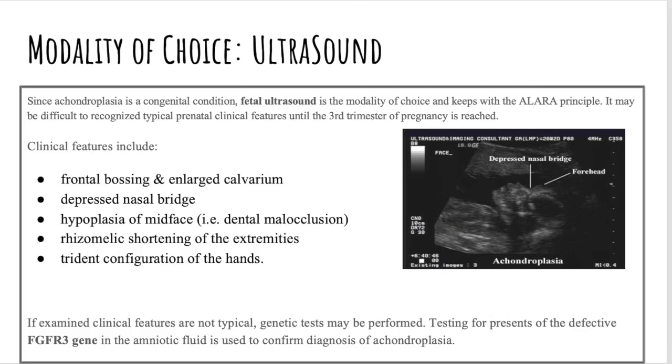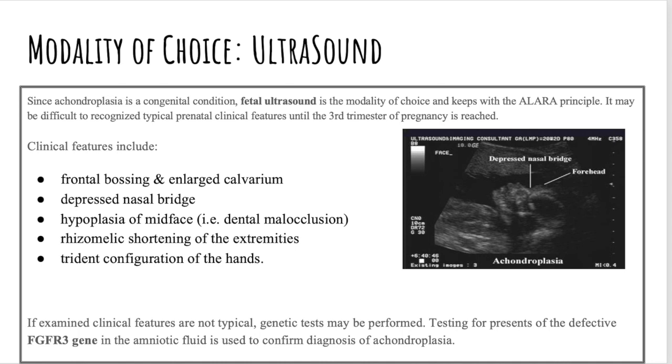So our modality of choice for achondroplasia is ultrasound. Because this is a congenital condition, fetal ultrasound is the modality of choice and keeps with the ALARA principle, as this modality does not expose the patient to radiation.